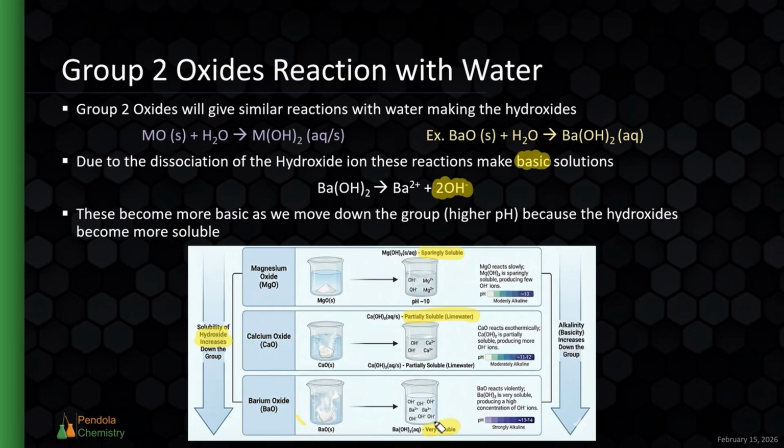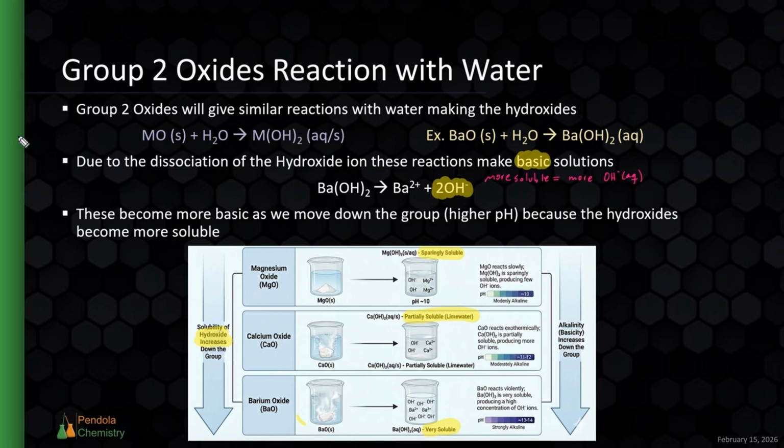As these become more soluble, more hydroxide ions are released. So as we go down the group, they become more soluble, which equals more hydroxide ions in solution, more aqueous hydroxide ions.